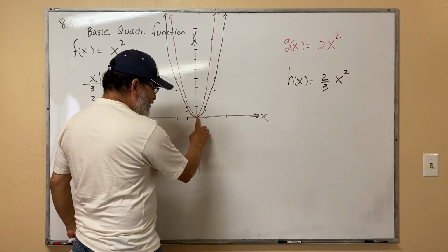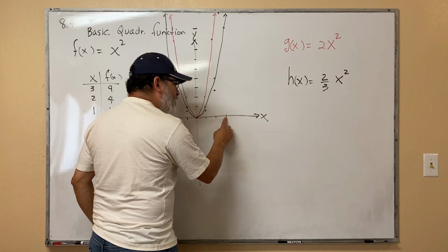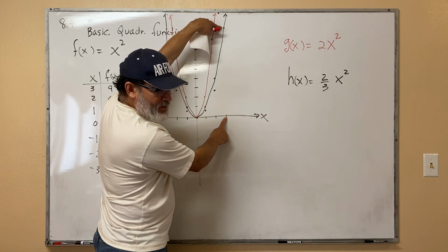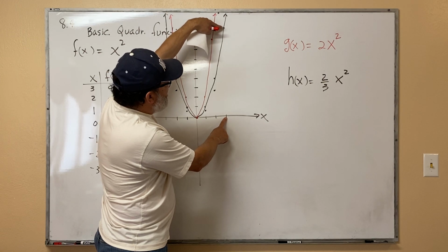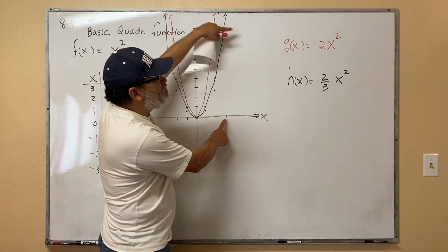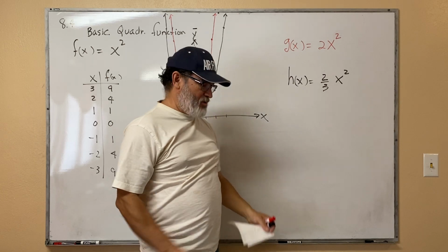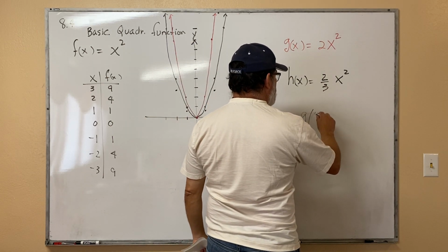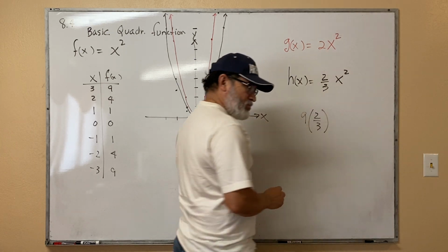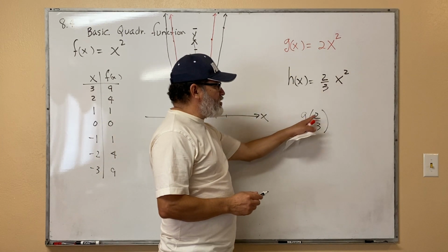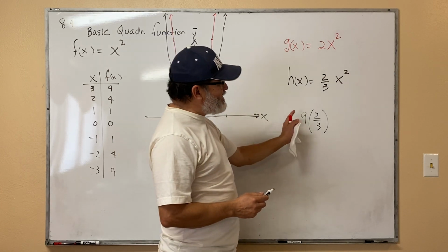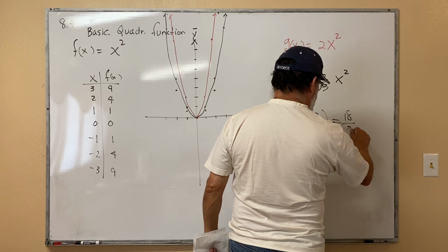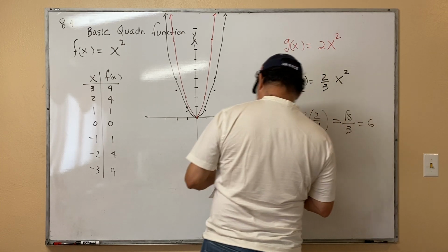Don't forget, 3 times to the right, in the basic parabola it was 9. 9 times 2 is 18. 18 divided by 3 equals 6.